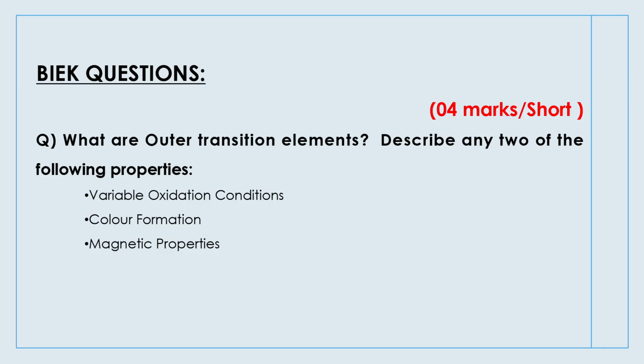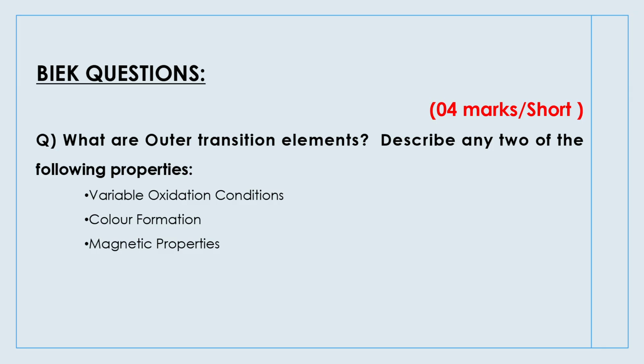In the previous question, each property was carrying 2 marks, but here if you read the question or try to solve the question thoroughly, you can see that this marks distribution will be different. Why? Because here they first ask you about the outer transition elements, so you get 1 mark, and then you have 3 marks, which makes each property of 1.5 marks.